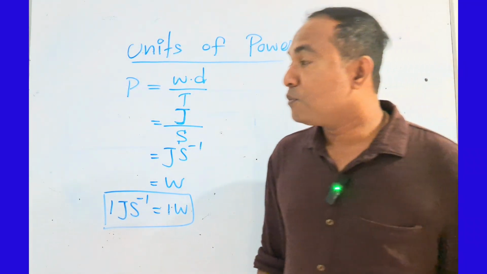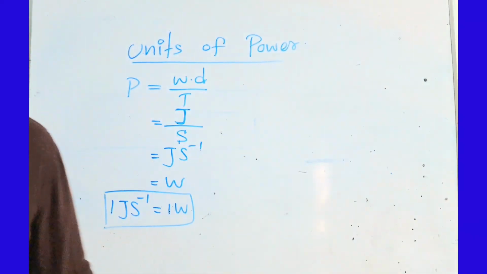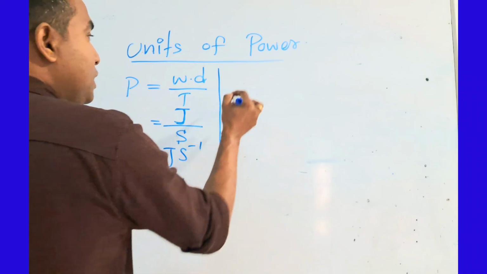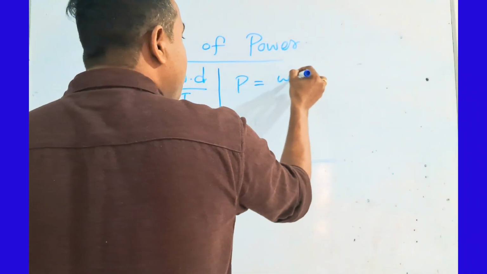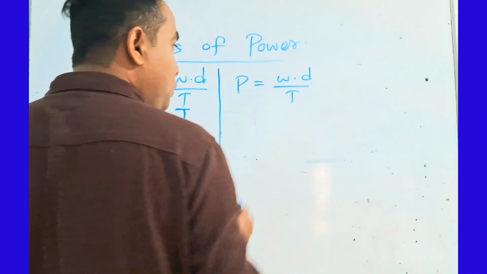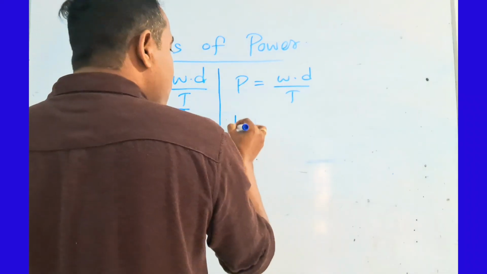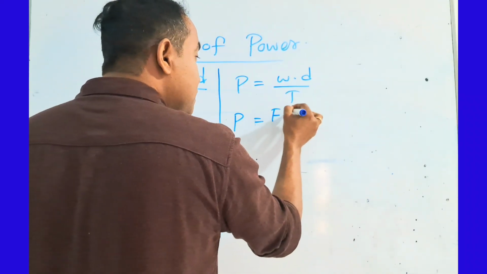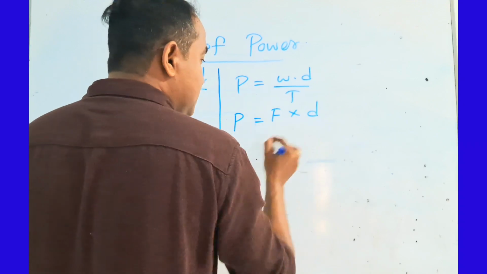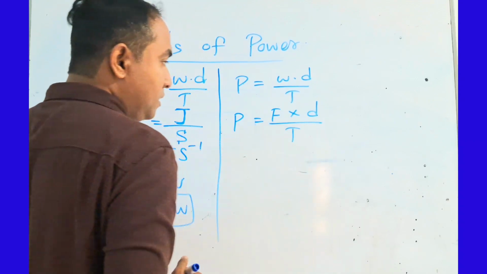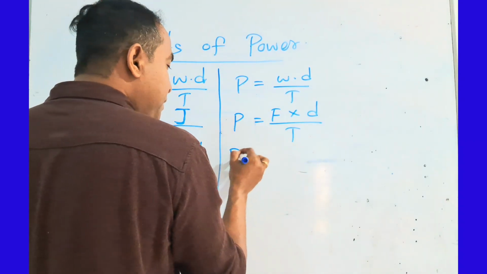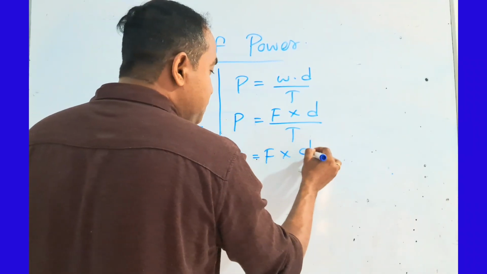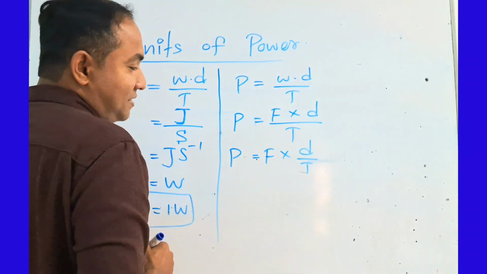Now I am going to explain another unit for power. Think about power equal to work done divided by time. Work done means force times displacement, divided by time.